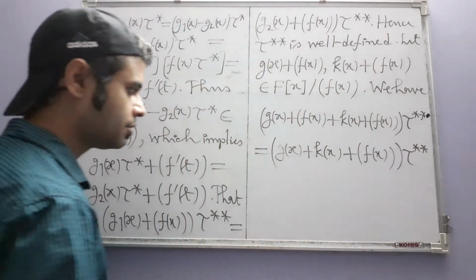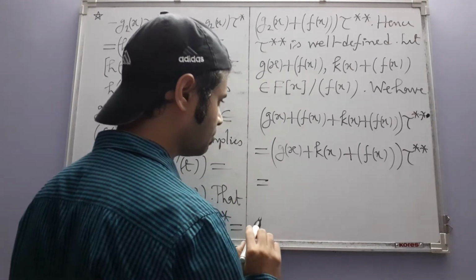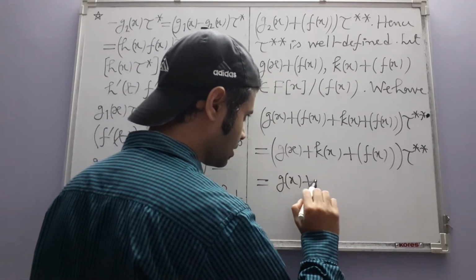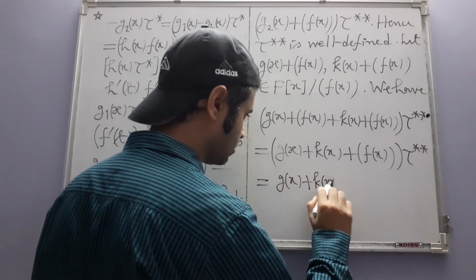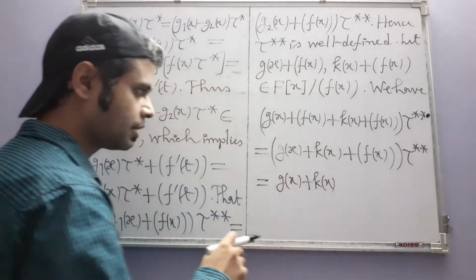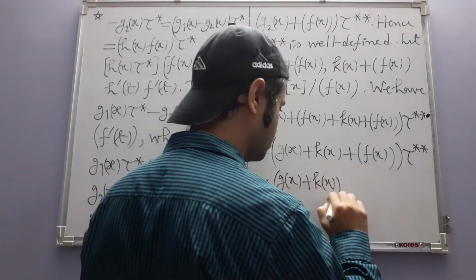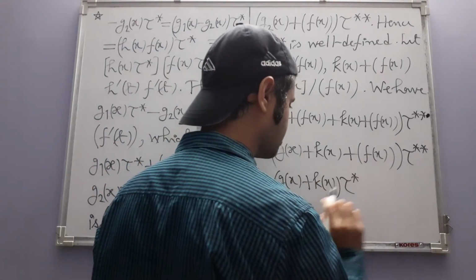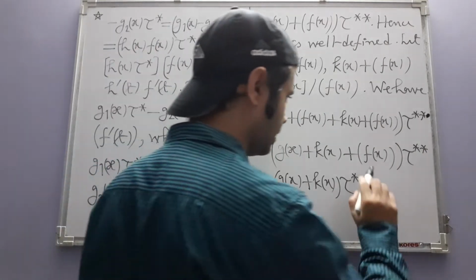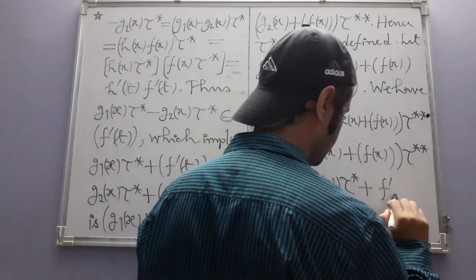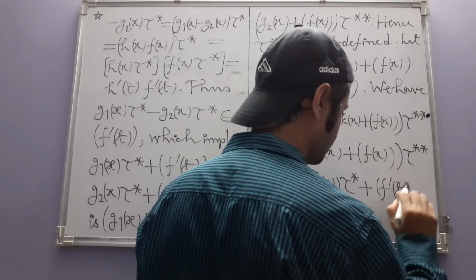So by the definition of tau star star, this will be what? Gx plus kx, the element that is giving us the coset. On that element we apply our previous isomorphism tau star, and we replace this ideal with the ideal generated by f prime t.